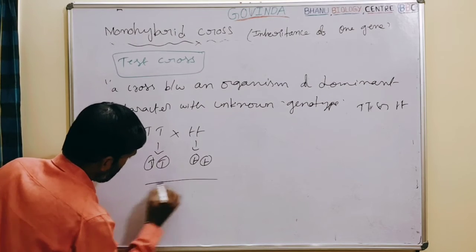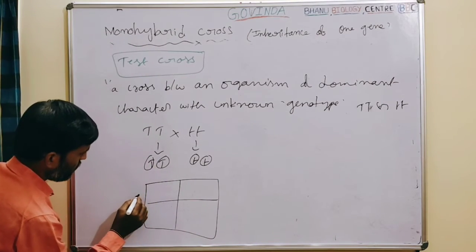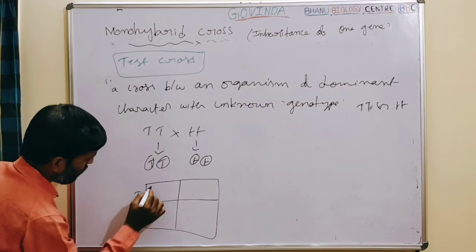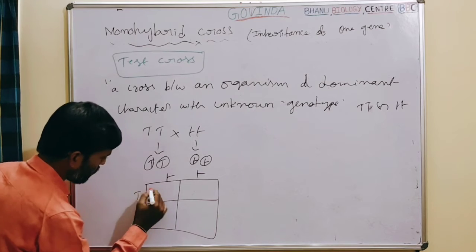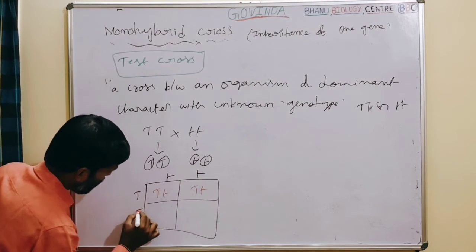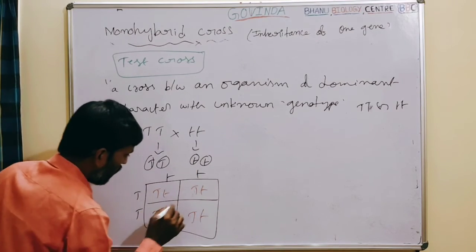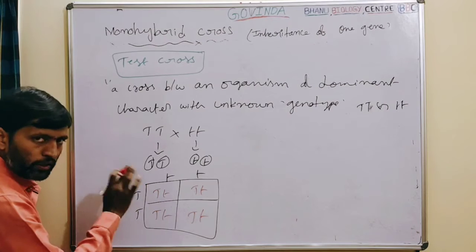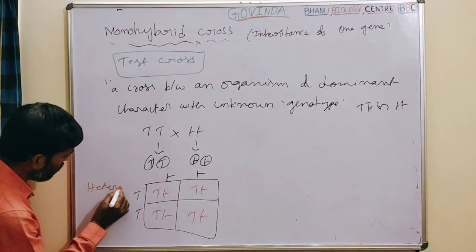Then draw the Punnett square and place the gametes vertically and horizontally. Then write the results of crossing: capital T small t, capital T small t, capital T small t, and capital T small t. All the plants we got here are heterozygous tall.